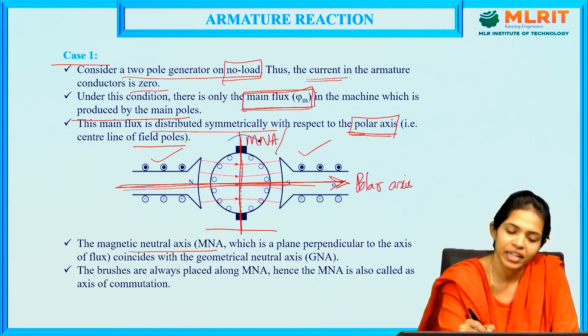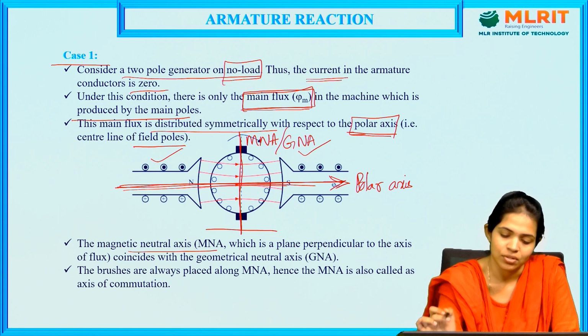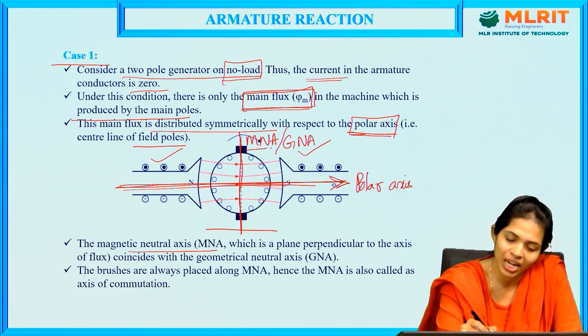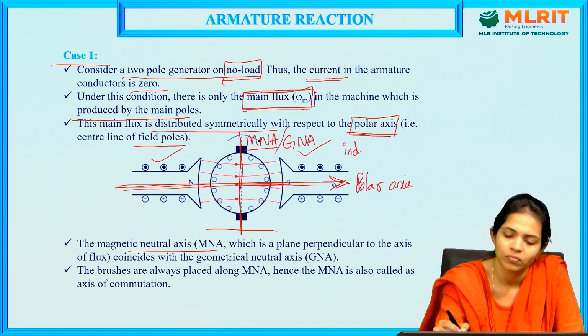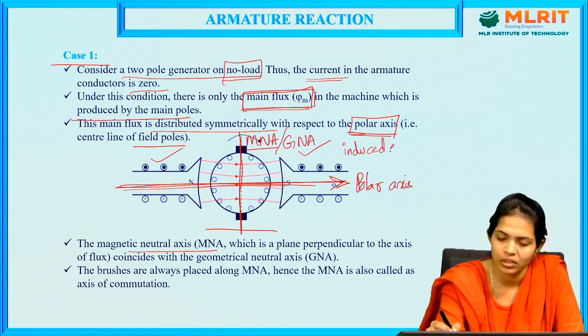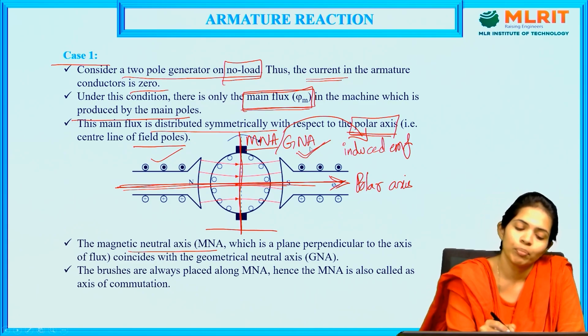In this particular case, under no load condition, the geometrical neutral axis coincides with the magnetic neutral axis. The magnetic neutral axis is the axis which shows the direction of the induced EMF generated in the generator, and the geometrical neutral axis is always perpendicular to the polar axis.